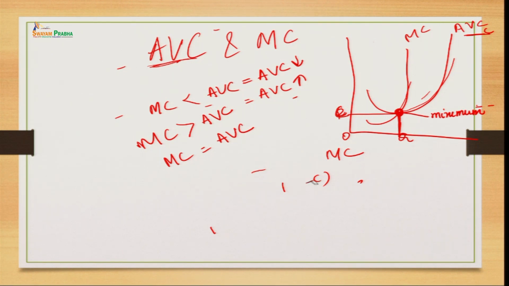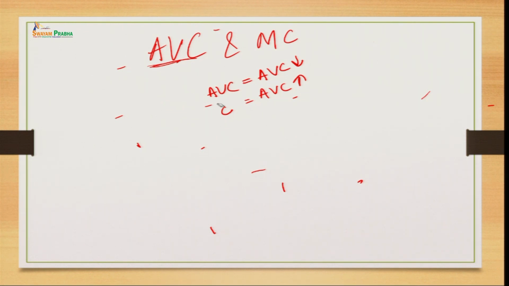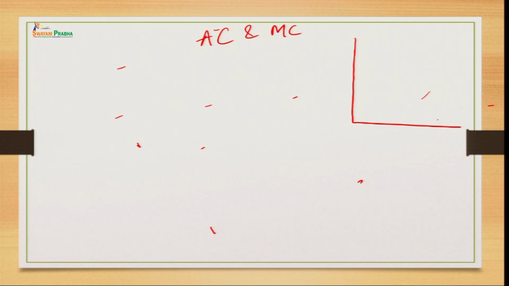And in the same way we can also define the relationship between marginal cost and average cost to find out the optimum point, right. So, how are we going to establish the relationship between average cost and marginal cost? Again, let us draw the curves. This is the average cost curve, and let us draw the marginal cost curve also.